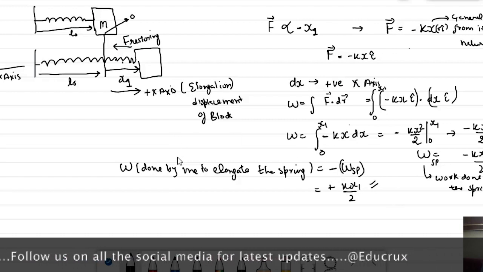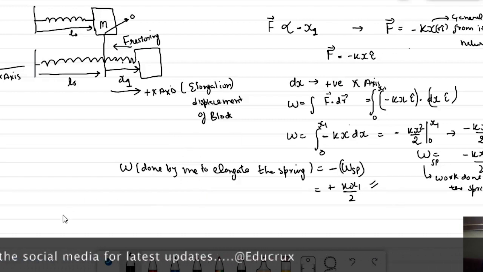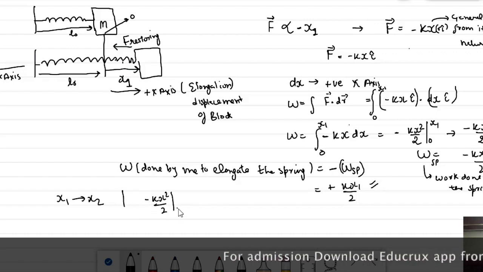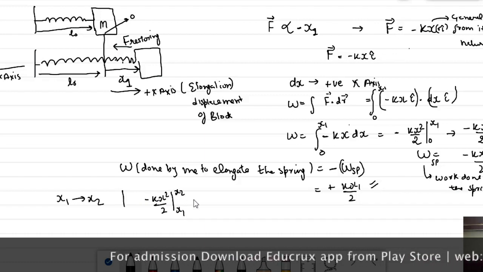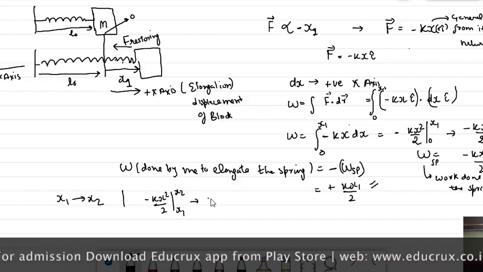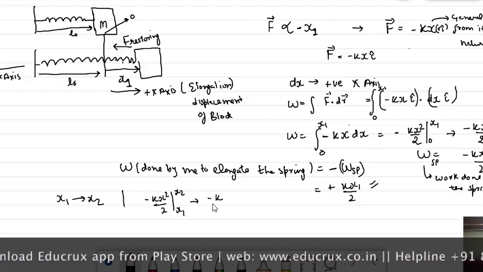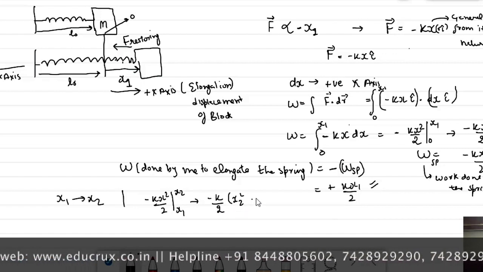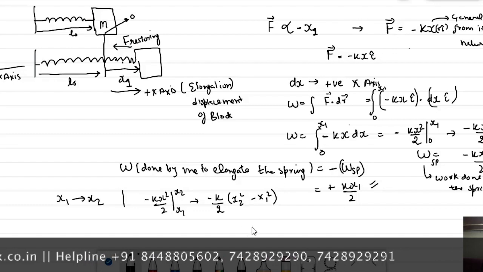Okay, so let us say if I extend this spring from x1 to x2, then the answer will be minus kx squared by 2 from x1 to x2. So that will be equal to minus k by 2 times x2 square minus x1 square.